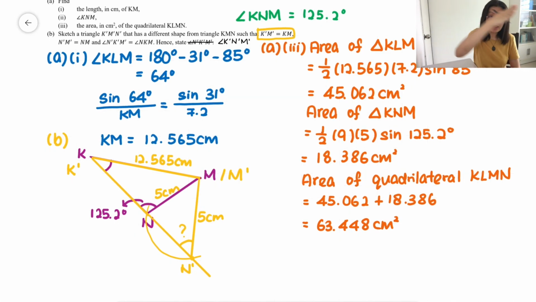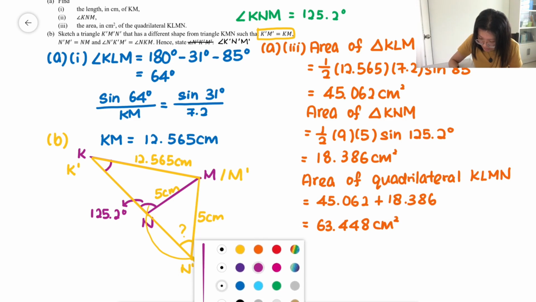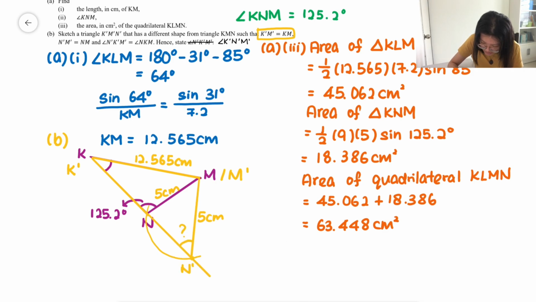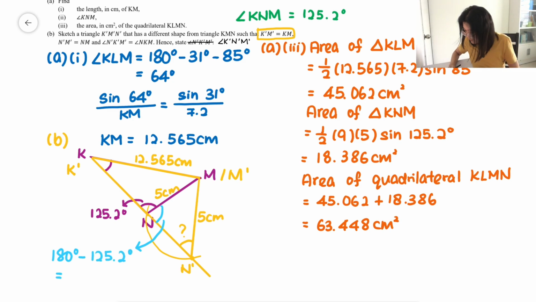You have to know that KNN prime is a straight line. That's why this angle can be found by using 180 degrees minus 125.2 degrees, which gives me 54.8 degrees.